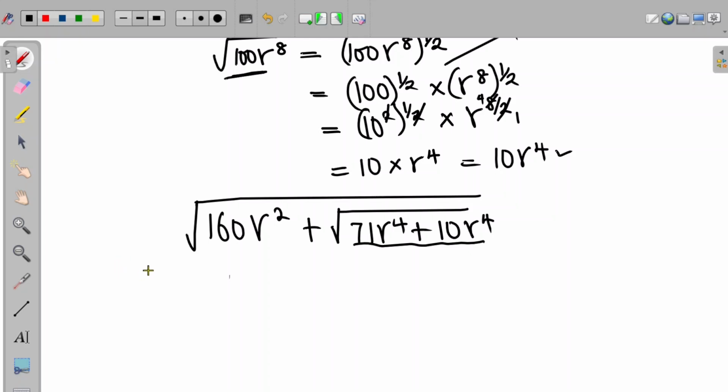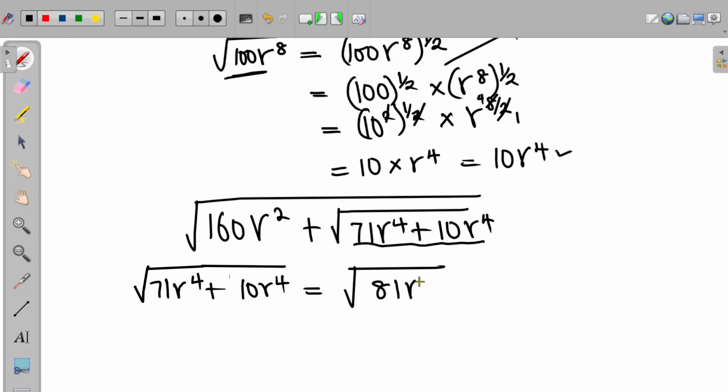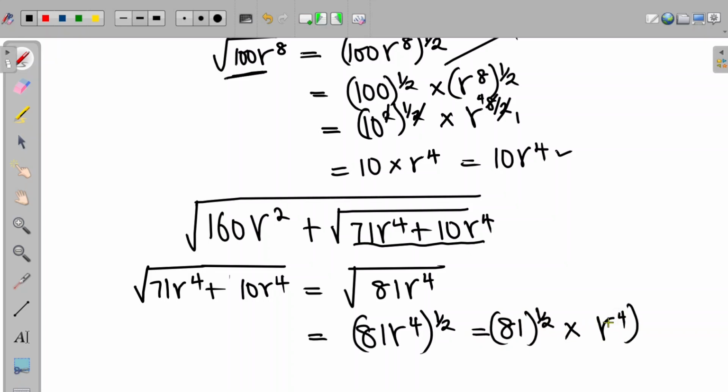So we have it that the root of 71 r to the power of 4 plus 10 r to the power of 4 is equal to the root of 81 r to the power of 4. Now this can further be expressed as 81 r to the power of 4 all raised to the power of 1 divided by 2, which is equal to 81 raised to the power of 1 divided by 2 times r raised to the power of 4 raised to the power of 1 divided by 2.